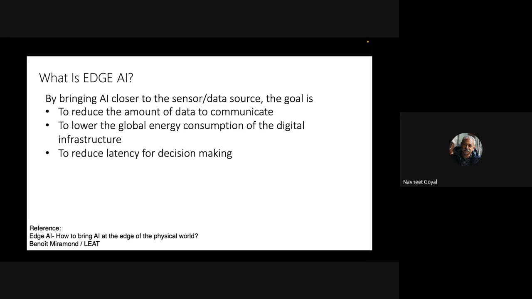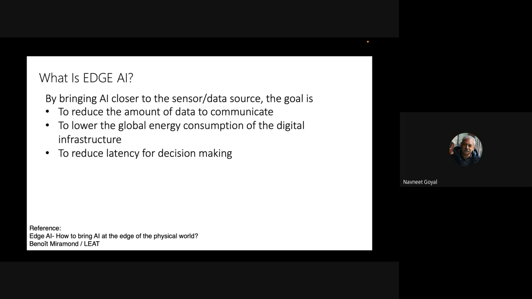So the second is to lower the global energy consumption of the digital infrastructure. That is another very important thing. You must be familiar with energy-aware computations. Energy is required for all purposes, whether you are capturing data, analyzing data, or communicating data.